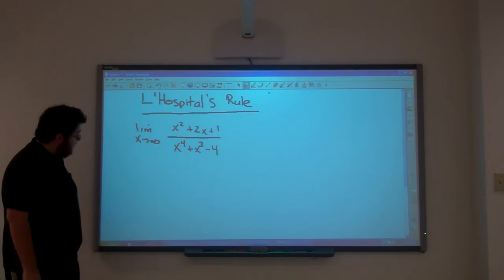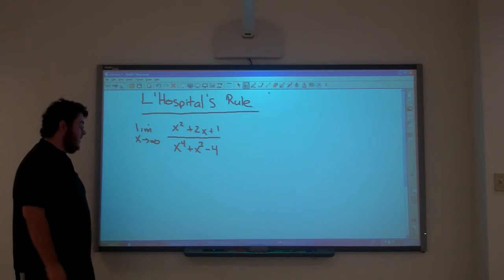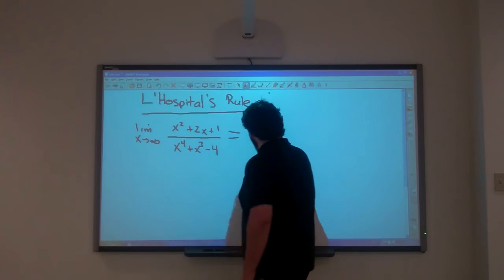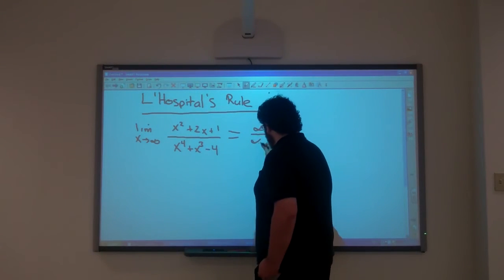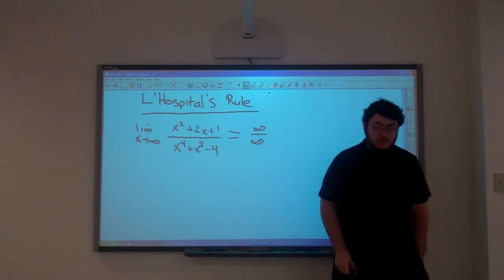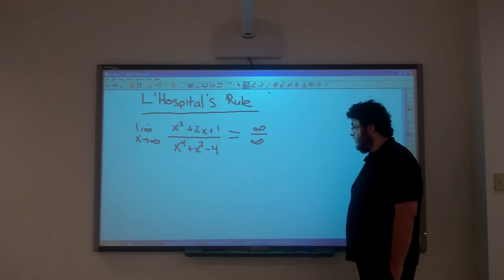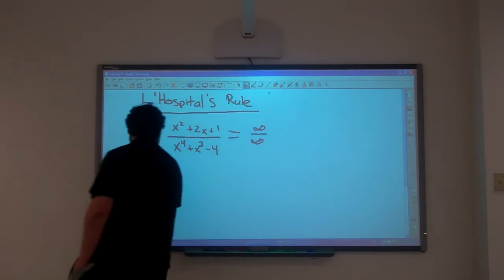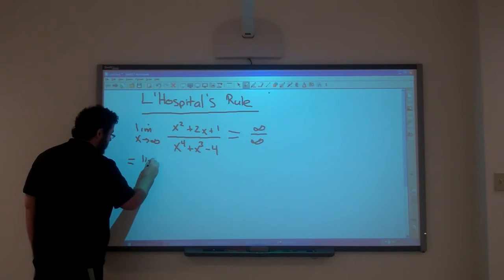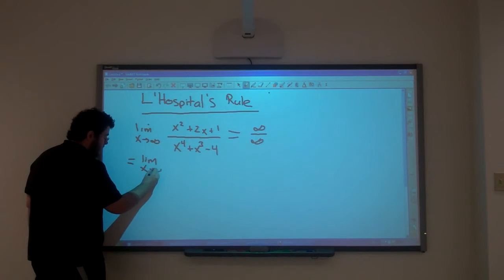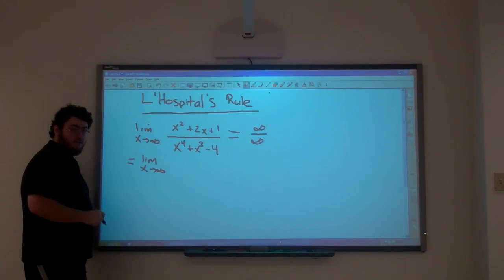Okay, so if we were to plug this in, you notice that we get infinity over infinity, which again is not a good thing. So we want to use L'Hopital's rule and say that this really is equal to our limit, and we take the derivative of the top and bottom.